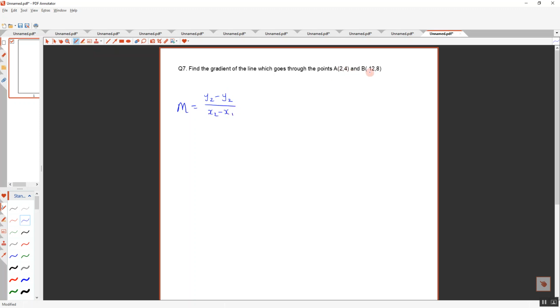So you're going to have to label these points. Remember, x comes first in the alphabet. And the last question, find the gradient of the line which goes through the points A, -1, 4, and B, 12, -8. Same thing, using your formula. Write it down, put the numbers in, use your calculator, and type in what you get for your answer.